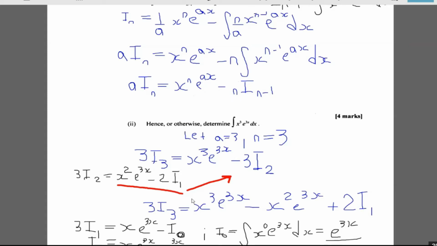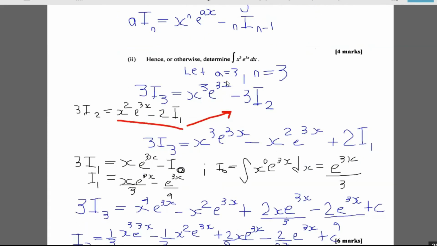So then we can plug all of this in for 3I2 right here. It's going to be minus all of this. So plug that here to get this. So now we just need to get I1. We plug in a as 3 and n as 1 and we get 3I1. So make I1 the subject and plug it here.